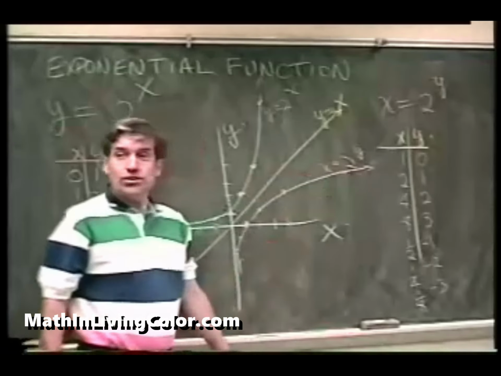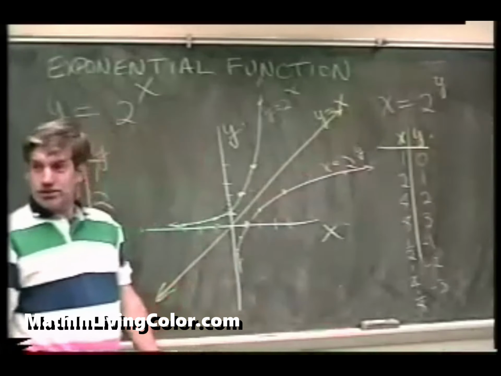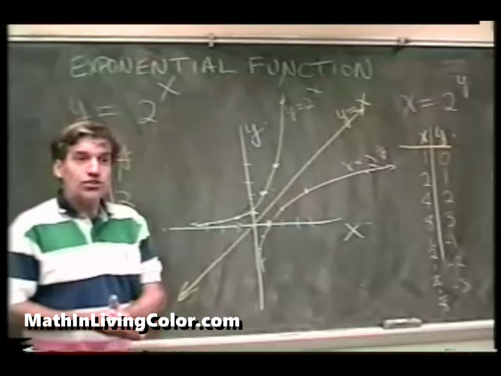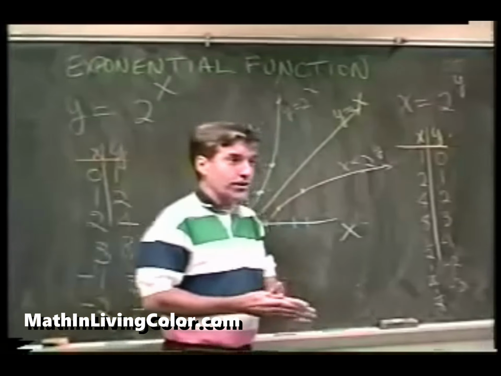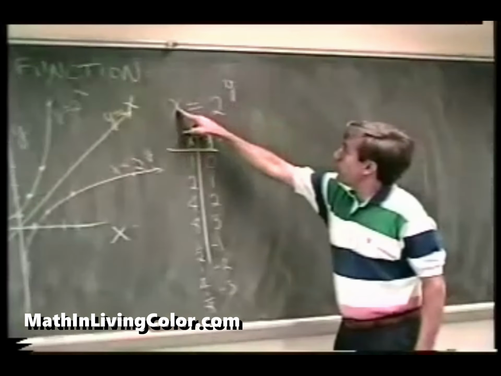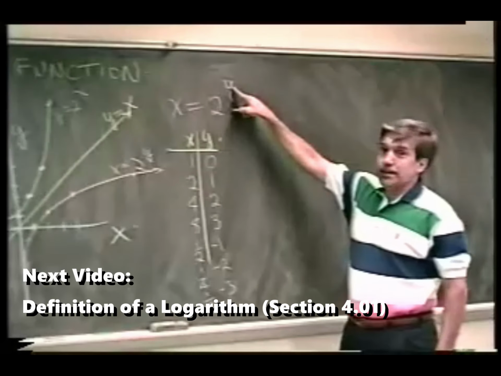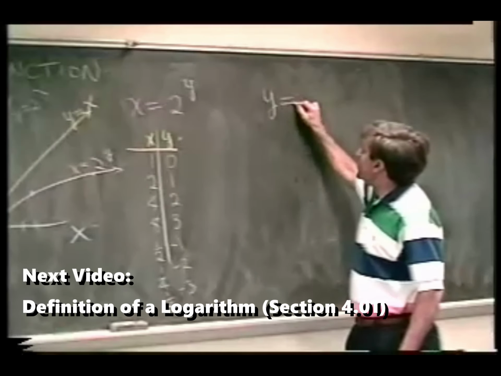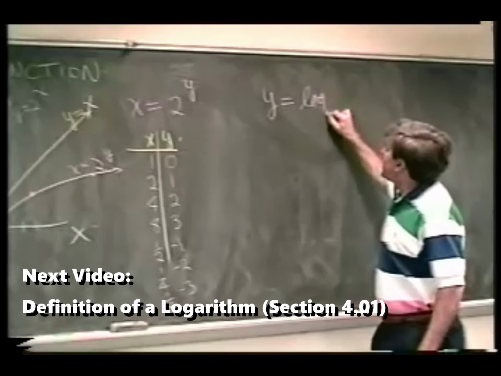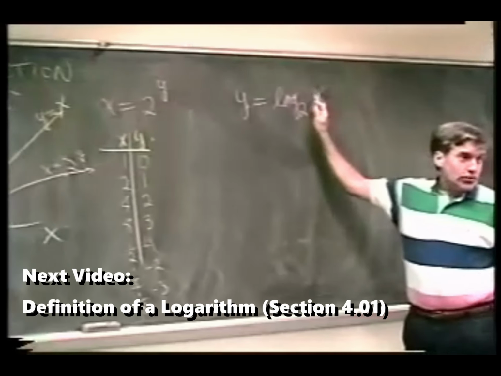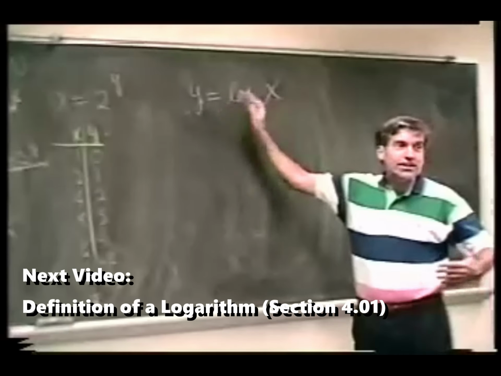So what we do in mathematics, when we don't know how to do something, we make up a definition. And this is what John Napier did back 400 years ago. He said, let's take this x equals 2 to the y, and let's make a definition like this. Y equals log base 2 of x. Now that looks like a foreign language, doesn't it? You've probably never seen anything like that before.